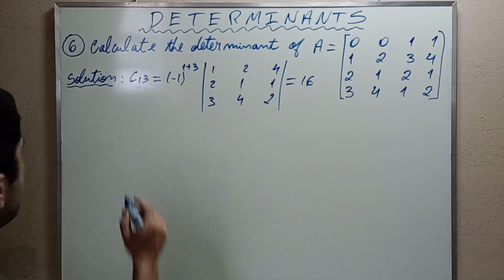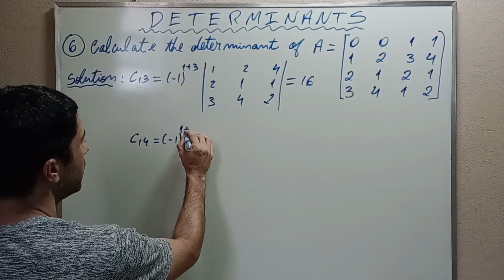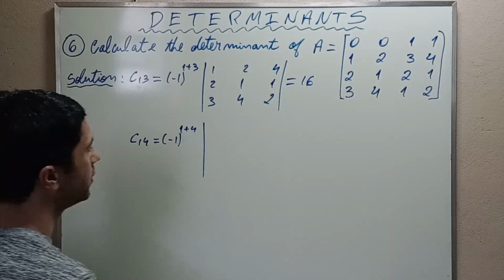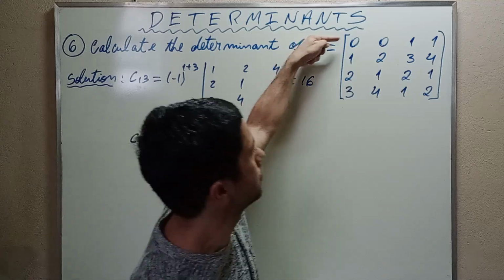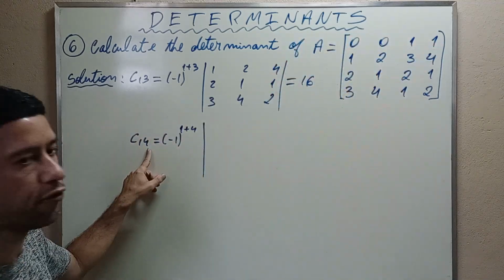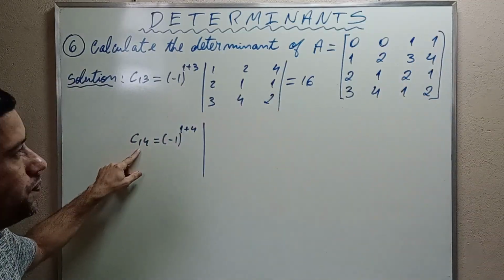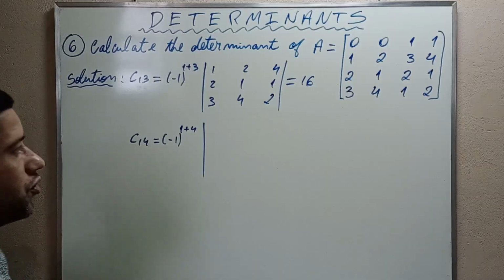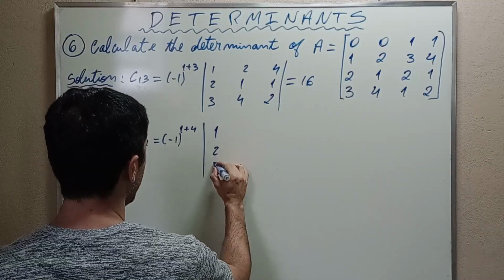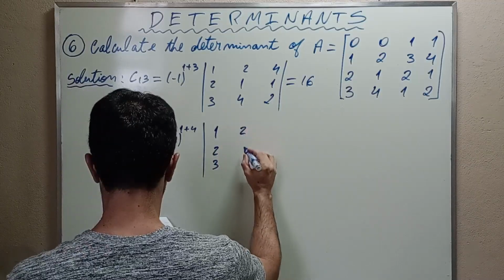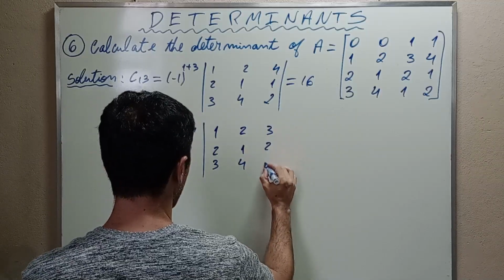Cofactor 14 now. C14 is equal to -1 raised to the power of 1 plus 4 times the determinant of the matrix resulting from the removal of the first row and the fourth column of the original matrix. Alright, we remove row 1 and column 4 of the original matrix, and the resulting matrix is 1, 2, and 3, 2, 1, and 4, 3, 2, and 1.